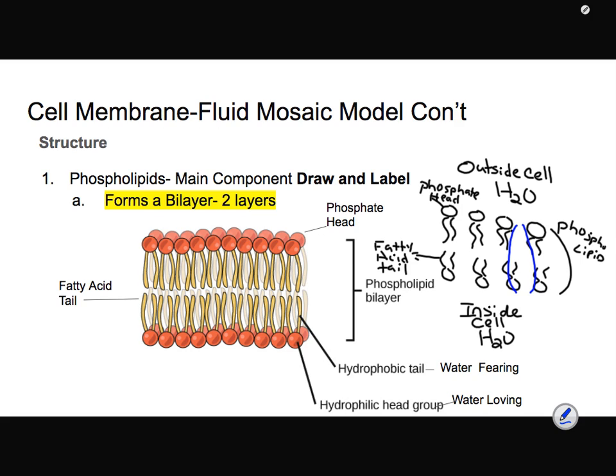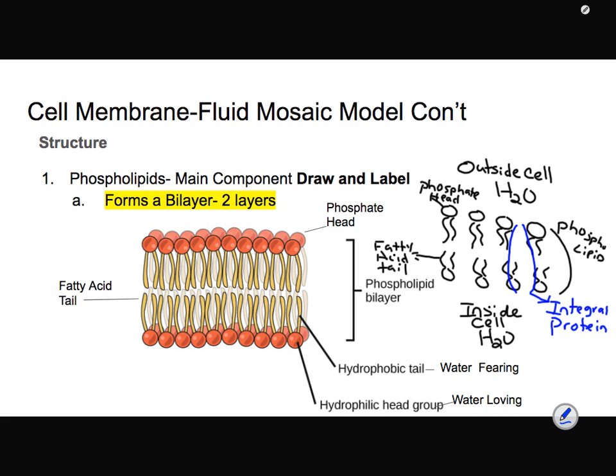This is what we call an integral protein. What do you notice about it? Is it going in just one part of the membrane or the whole kit and caboodle? The whole thing.